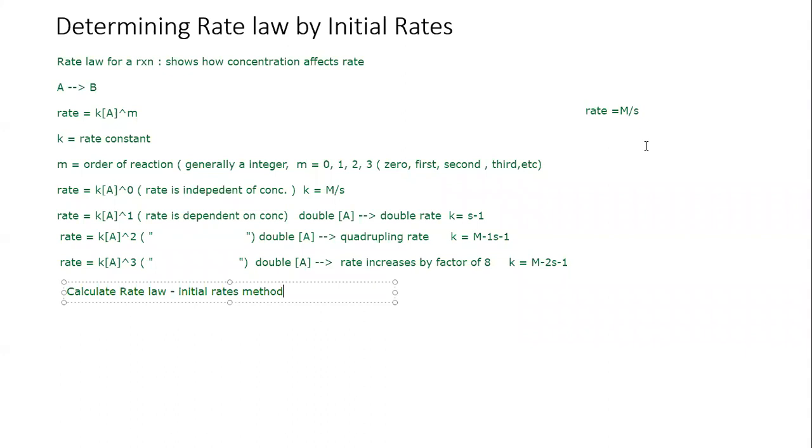Generally, they're whole numbers, or they're greater than 1. So you could technically have a 1.5 order of reaction, but to have it less than 1, highly unlikely. So it should always be 1 or greater.